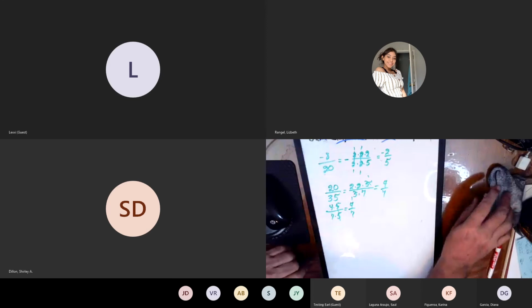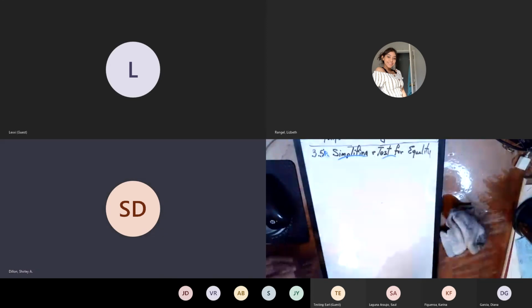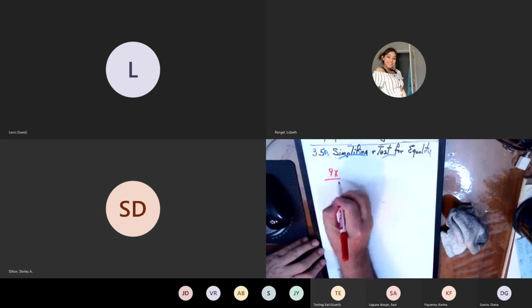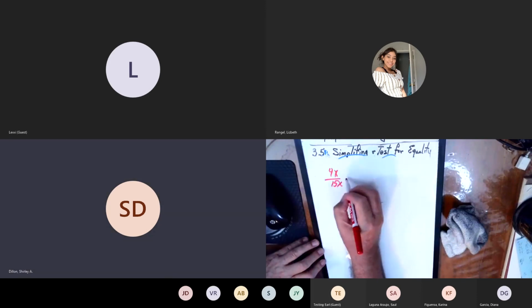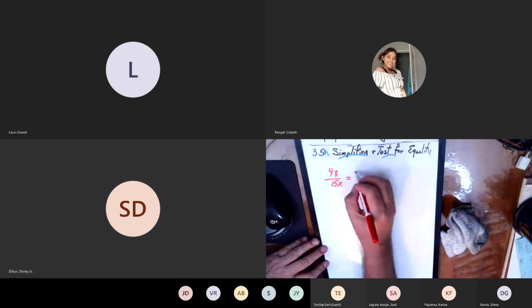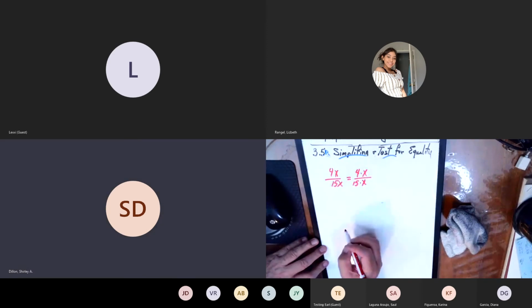All right, let's do something with a variable in it. We'll do a real simple one. If I have 4x over 15x, when I factor that, I can say this is 2 times 2 times x, or it is just 4 times x. And the 15 is just 15 times x.